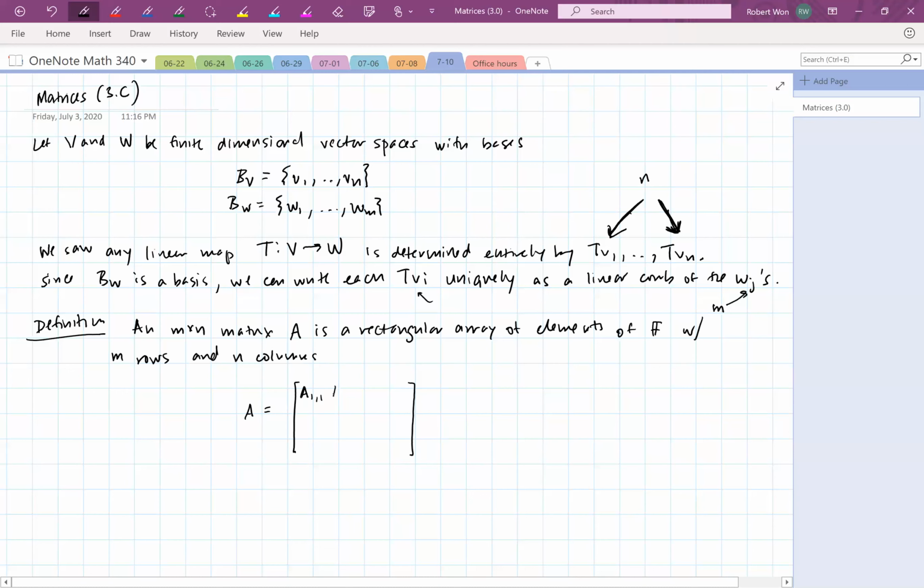The next entry is in the first row in the second column, it's A12. This goes all the way to A1n because there's n columns. This goes down to Am1. This goes down to Amn. Right? So we're keeping track of m times n scalars. So sometimes we'll use the notation Ajk. This is the entry in the jth row and kth column.